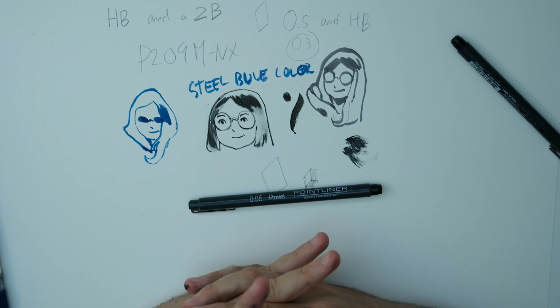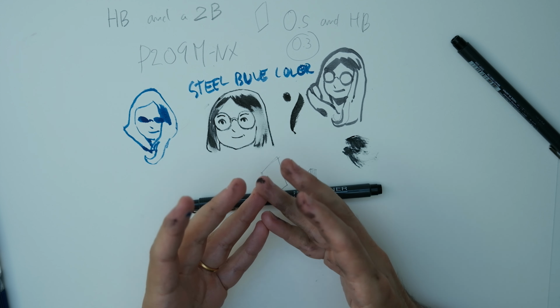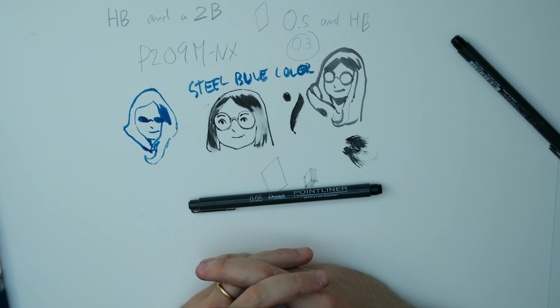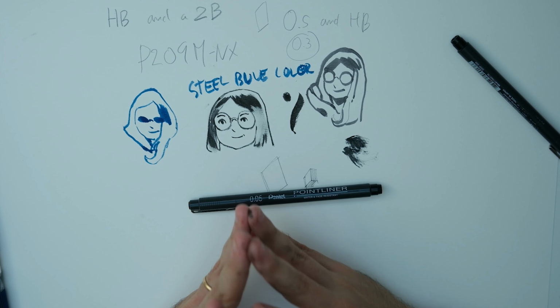And it doesn't need to be a Pentel. There are multiple brands that offer fine liners for purchase that you can try out, see if they work for you as well. And they also come in multiple sizes as well. This is something I want to emphasize, and my recommendation would be to buy maybe a 0.05, a 0.1, and a 0.2.